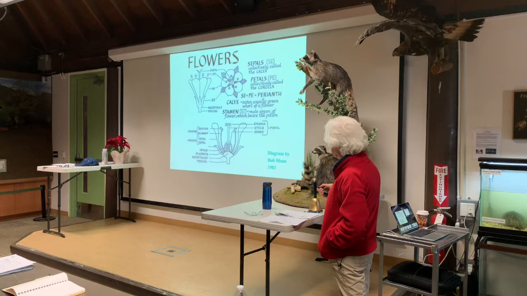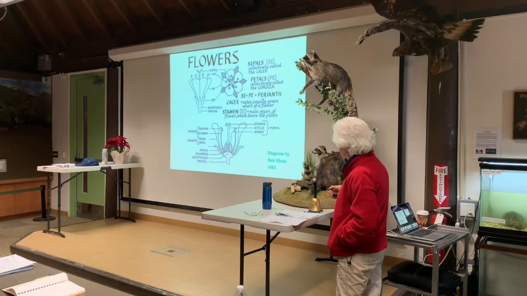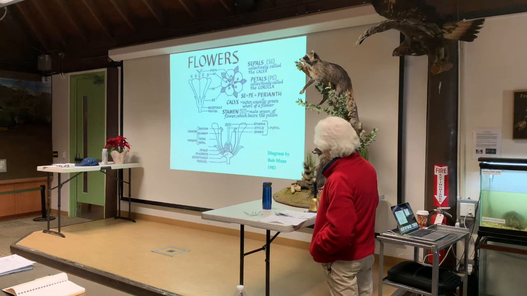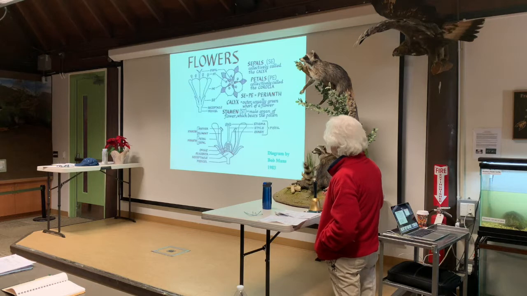The stamens are sticking out here, and here's the pistil. Now when you look at the flower from the top, it might look like this. You have the sepals here, the petals here, and the stamen, and then the pistil.